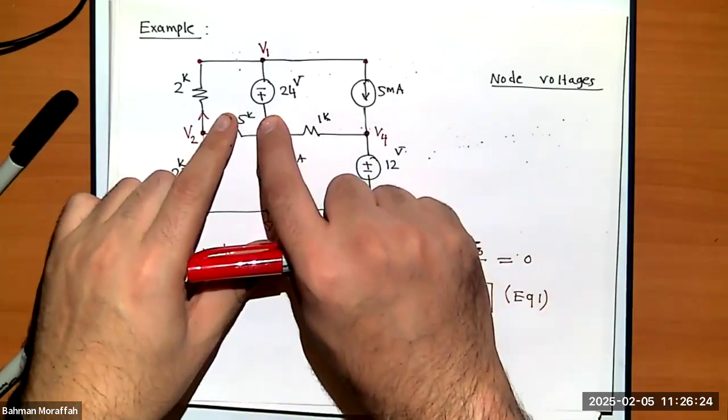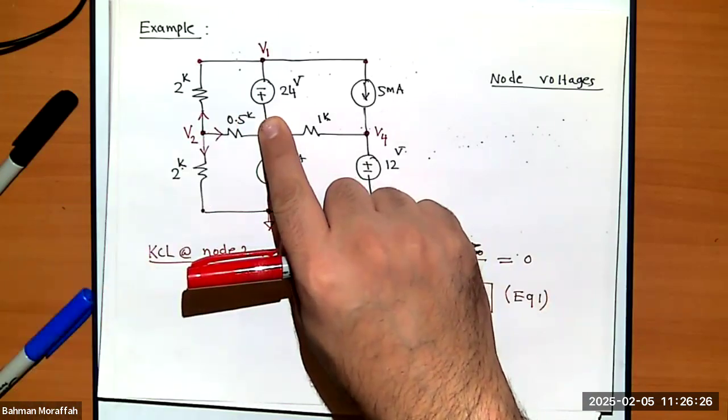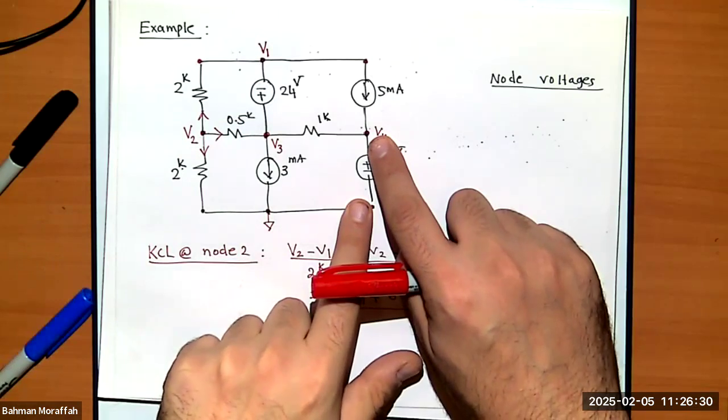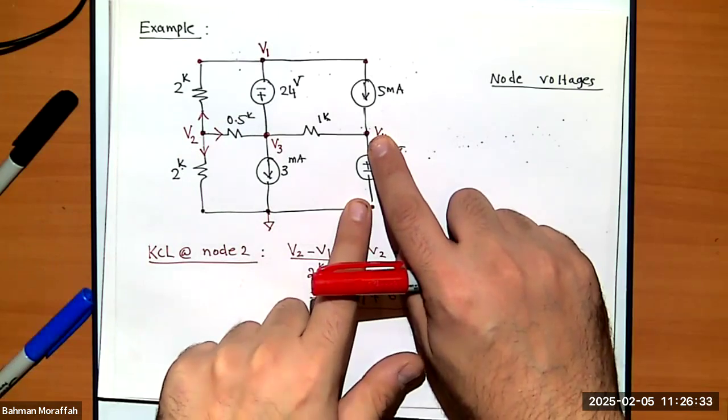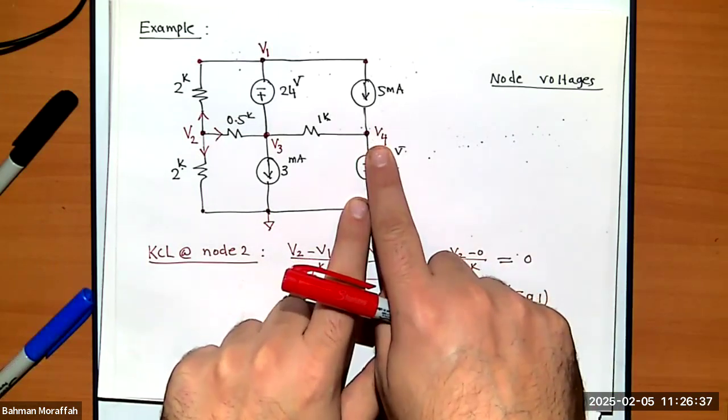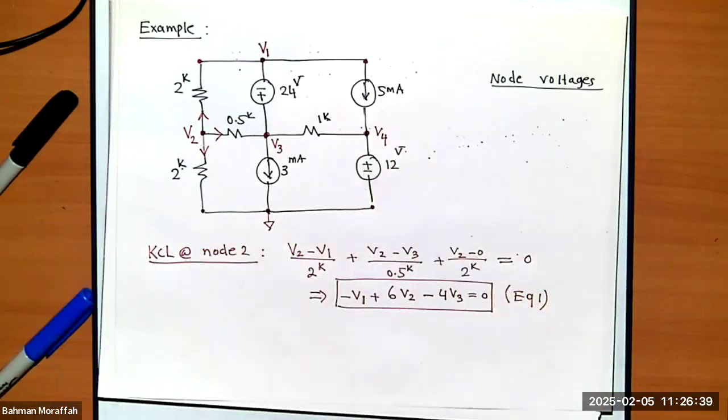If I look at this source over here, there is no way for me to write a KCL. If I wanted to write a KCL at this node, I didn't have to. I knew exactly what V4 was. What is the common denominator here? The common denominator is that voltage source, right?